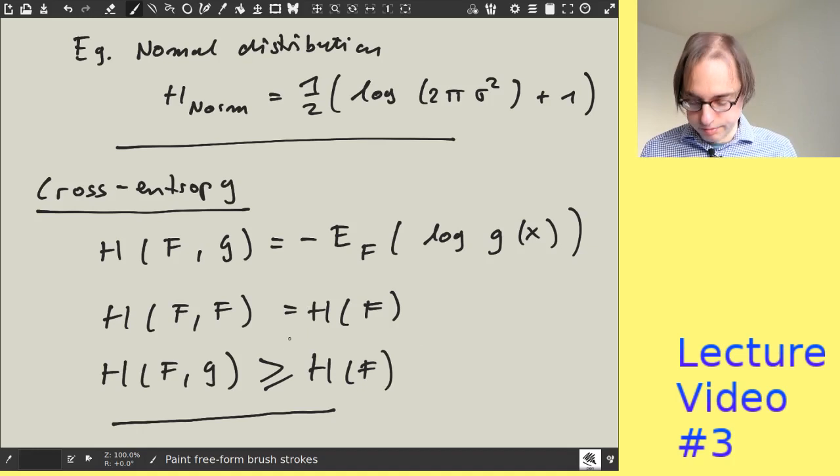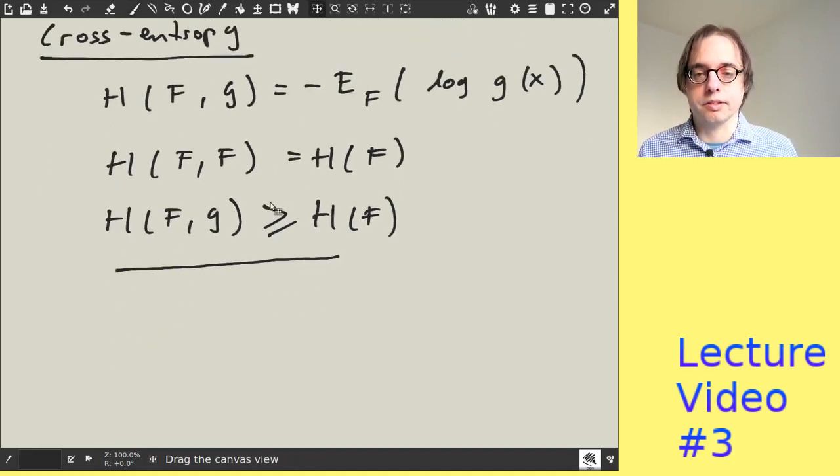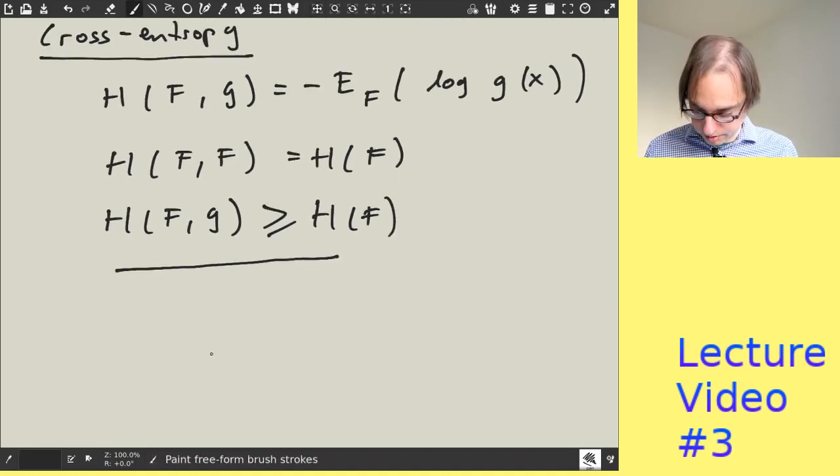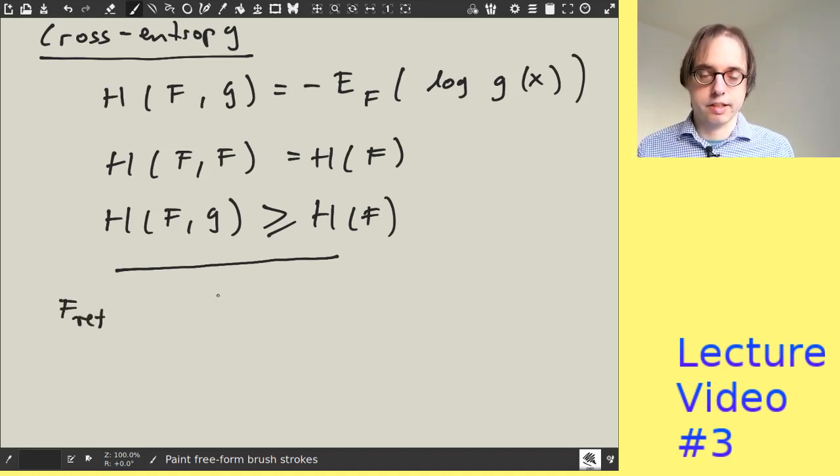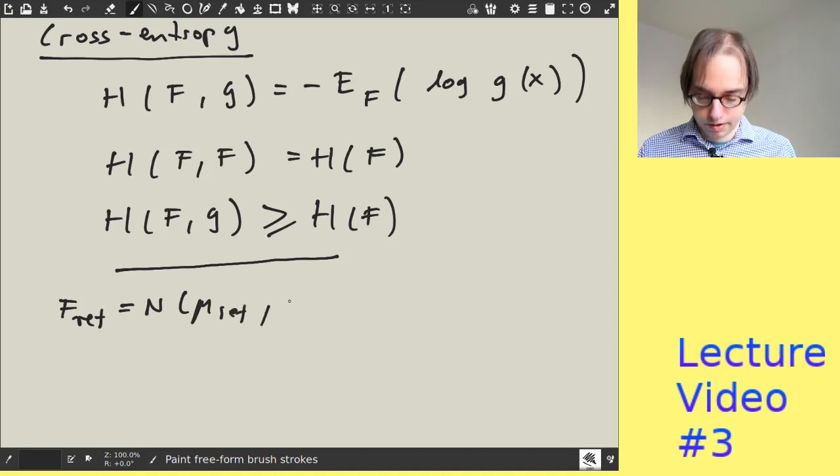As an example, you find an example about the normal distribution. I'll briefly write it down so that you see how it looks. Let's assume we have two distributions, f ref, so the first one is always the reference distribution. Let's assume this is a normal distribution with a reference mean and a reference variance.